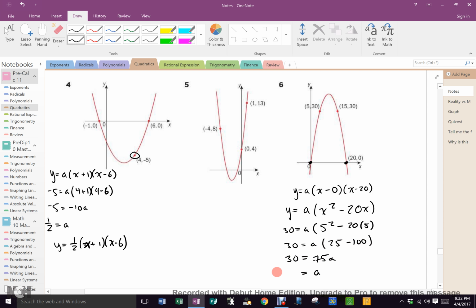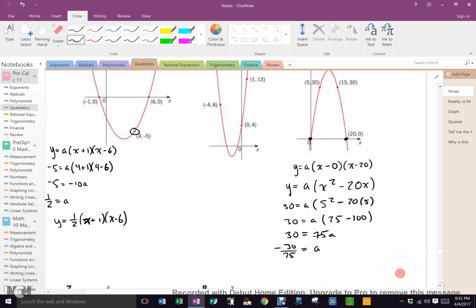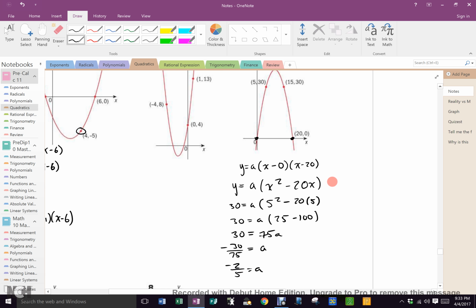A equals negative 30 over 75, which is negative 2/5. So now I've got right here y equals negative 2/5 (x squared minus 20x). And then of course I would expand it.